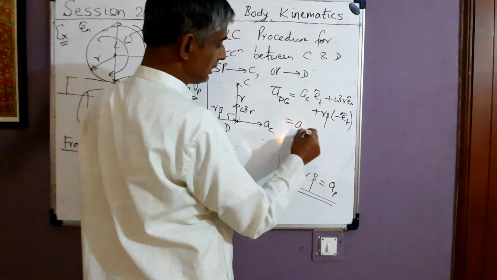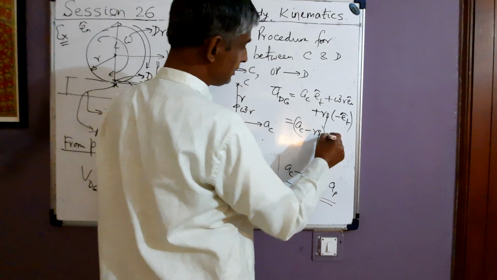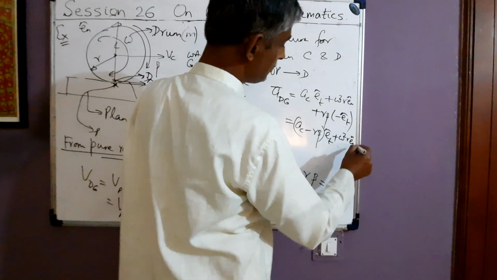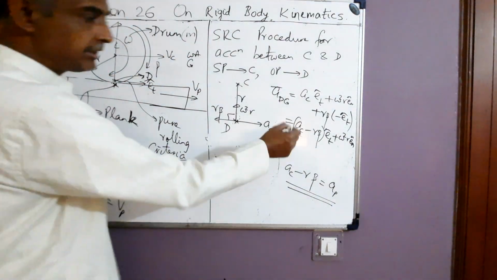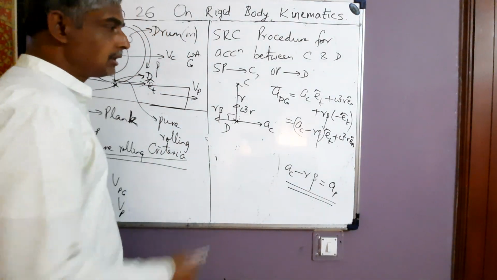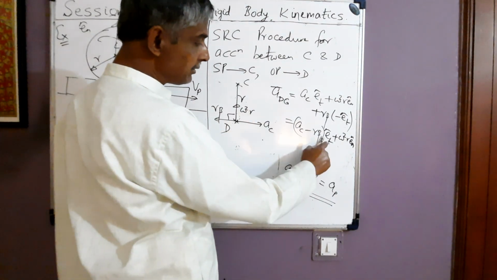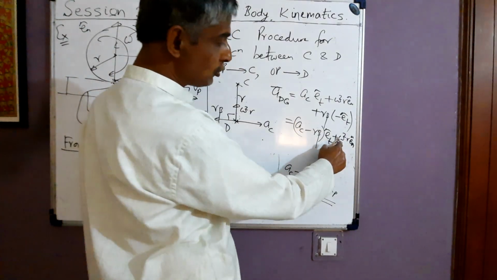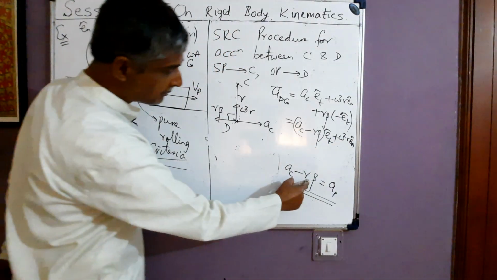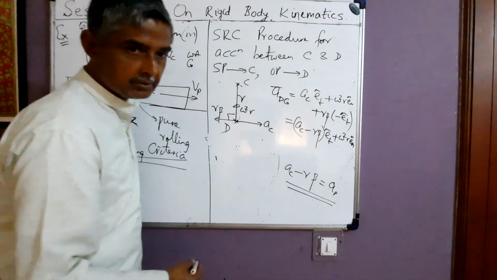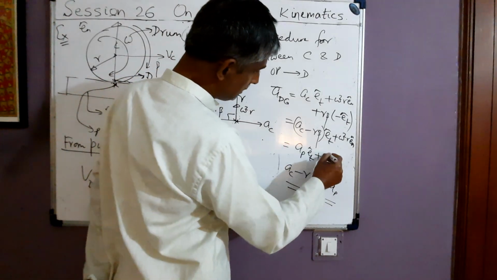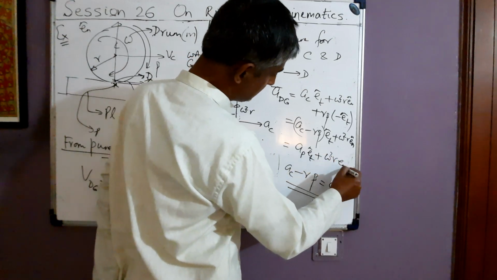So this becomes AC minus R beta into ET, plus omega square R into EN hat. So ADG has a component in the tangent plane, that is along unit vector ET, and a component in the common normal along the contact point, omega square R. But we know that AC minus R beta is equal to AP. So this is just AP ET plus omega square R EN.